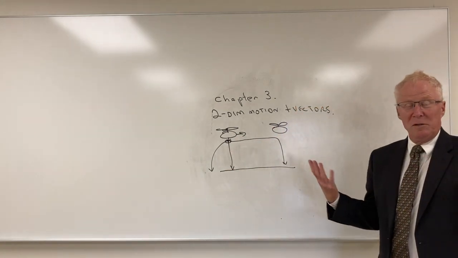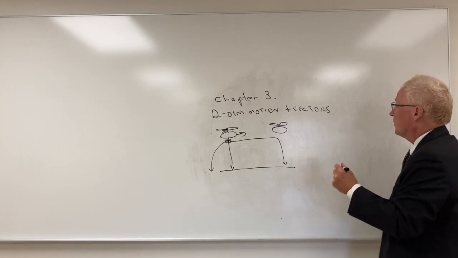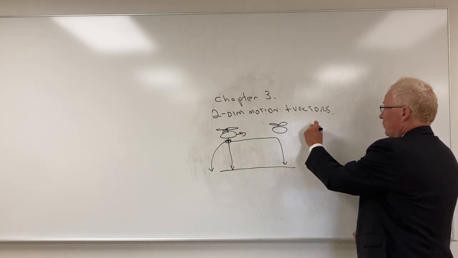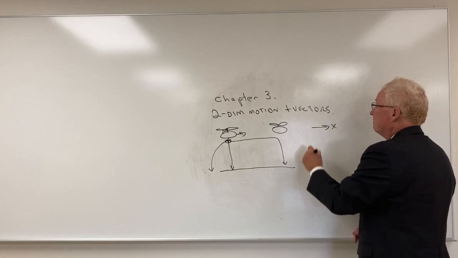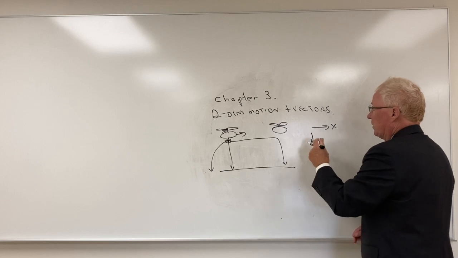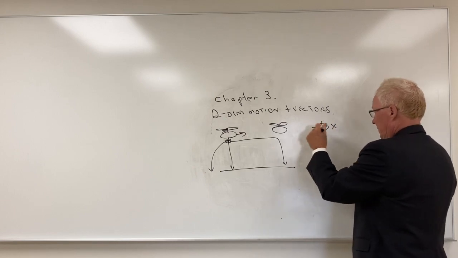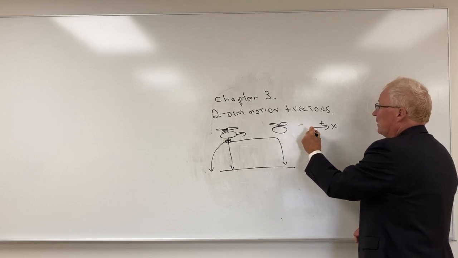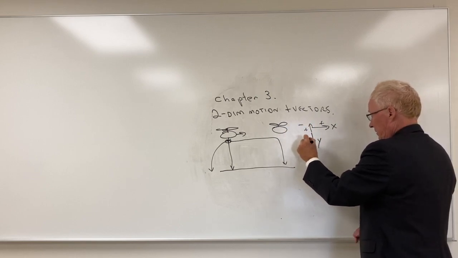This is part of what we see in chapter 2, because in chapter 2, we dealt with motion in the x direction, and separately motion in the y direction, where right is positive, left is negative, up is positive, and down is negative.